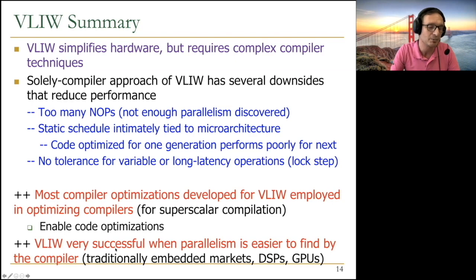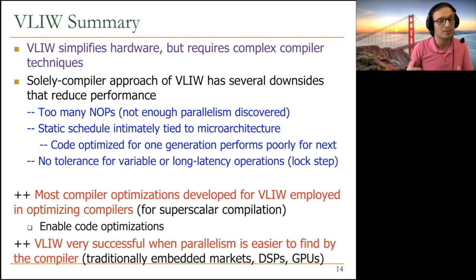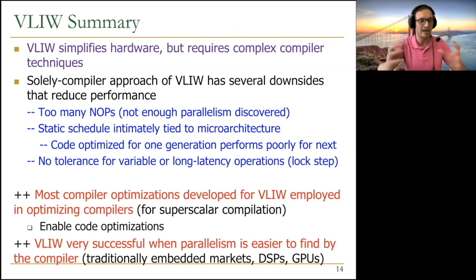And also VLIW has been very successful when parallelism is easier to find by the compiler. And this has been true in traditionally embedded markets, DSPs, and in early forms of GPUs where your target was really graphics. Today's GPUs have evolved into more general purpose engines. Graphics is a domain where you have a lot of parallelism, right? You're processing an image, for example, or a video.